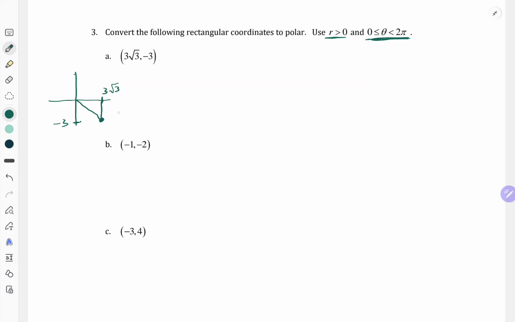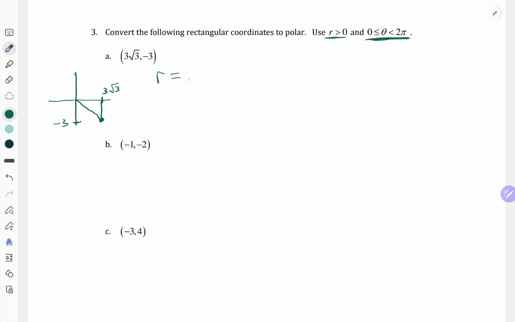What I want to do now is go ahead and use those values to find my r and my theta. Usually the r is probably like the easiest one to work with, and then the tangent, it just has one tricky spot where you have to be careful that you're in the right quadrant when you use inverse tangent, and that you have the right angle based on this restriction of 0 to 2π. So let's go and see what we got.